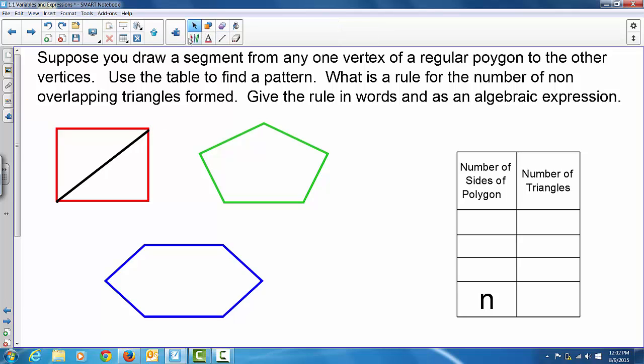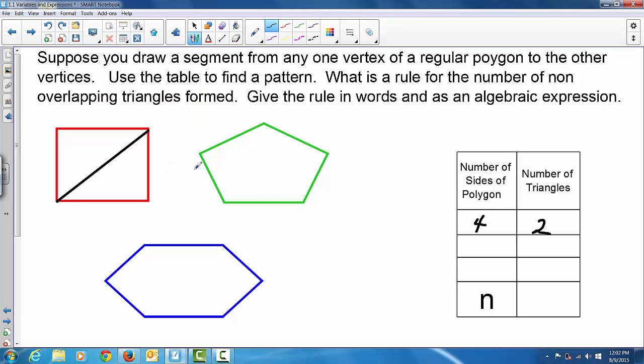Alright, now the question is, if I draw a line from one vertex to all the other vertices without overlapping, okay, so that means I draw one from here to here, but if I draw one from here to here, it overlaps this other one. So how many triangles do I have now? 1, 2. So we come over here and we write number of triangles, 2. How many sides were there? 1, 2, 3, 4.